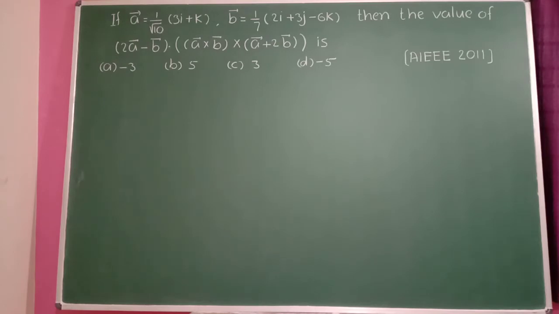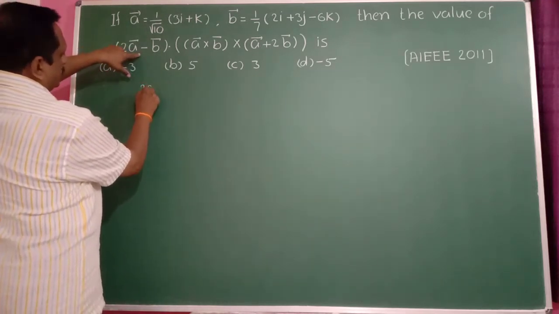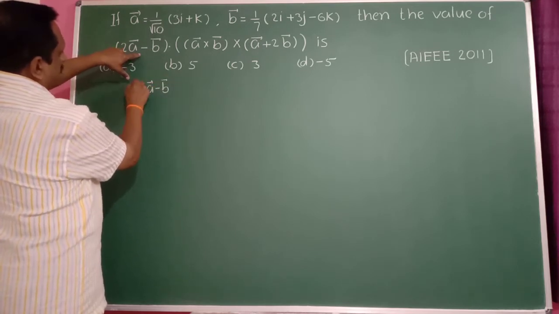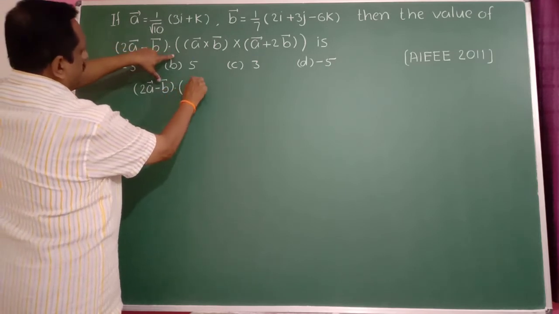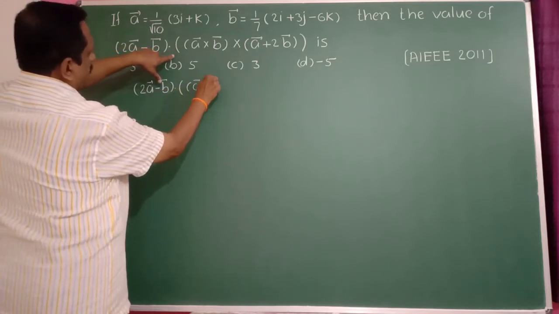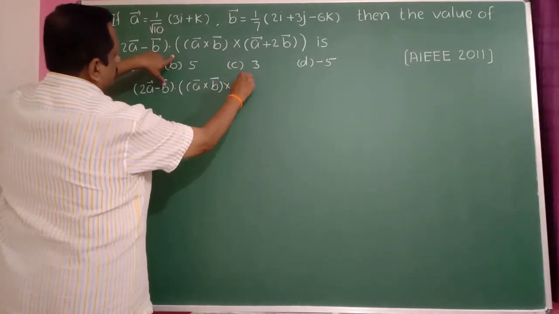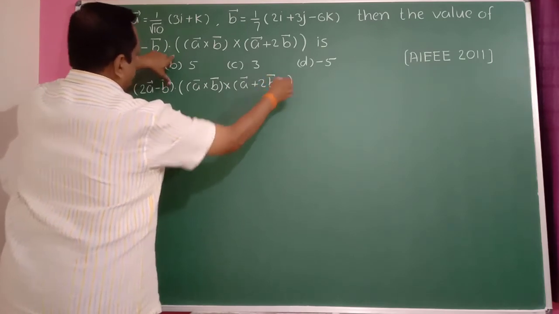So, two vectors A bar and B bar they given here. Then the value of 2 A bar minus B bar dot of A bar cross B bar cross of A bar plus 2 into the vector B bar here is equal to what here?